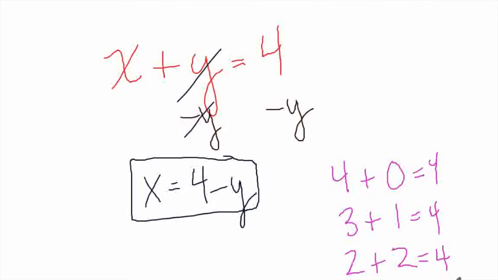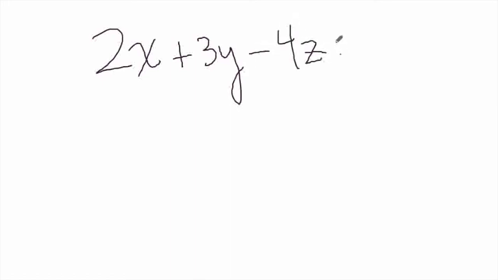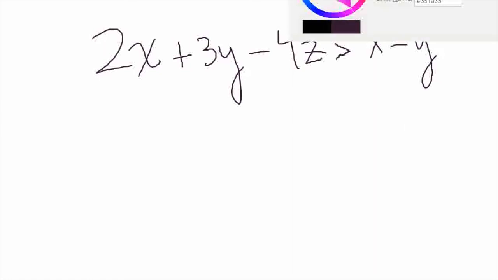Let me give you maybe one inequality example, and you try to solve it, and then we'll finish. Can you solve this one for, let's say, z? Take a minute to do that right now. And I will finish it up by doing it right now.